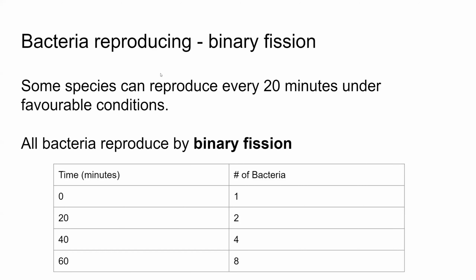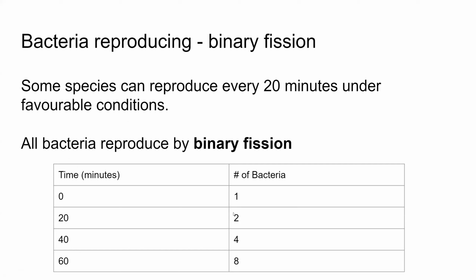Basically, bacteria do reproduce and they do divide just like lots of other organisms. Bacteria can reproduce every 20 minutes under the right conditions. If we look at the table below, one bacteria after 20 minutes will become two bacteria.